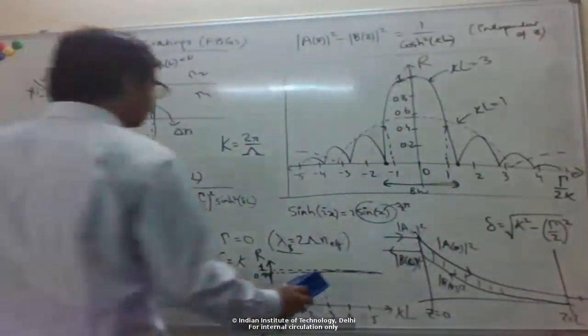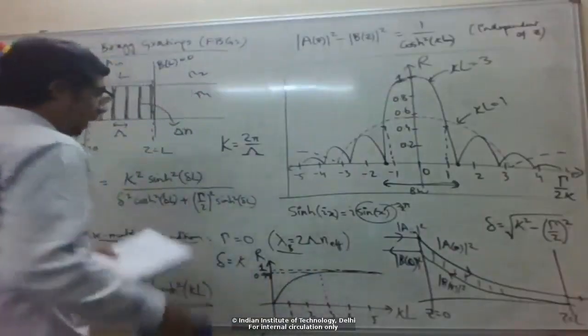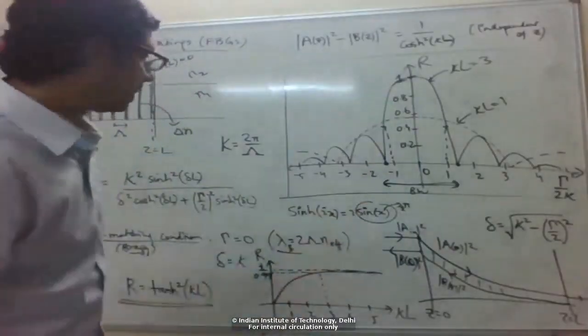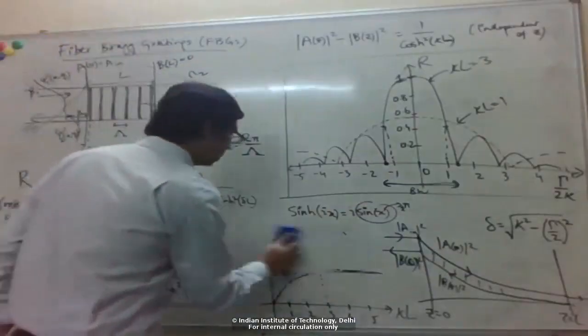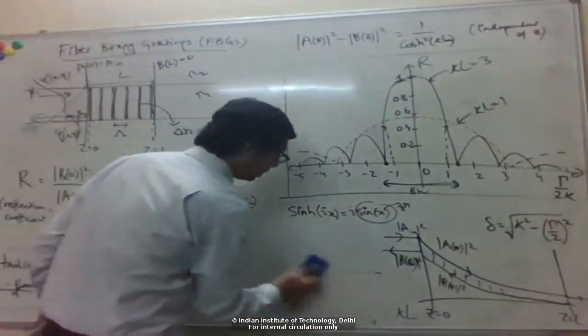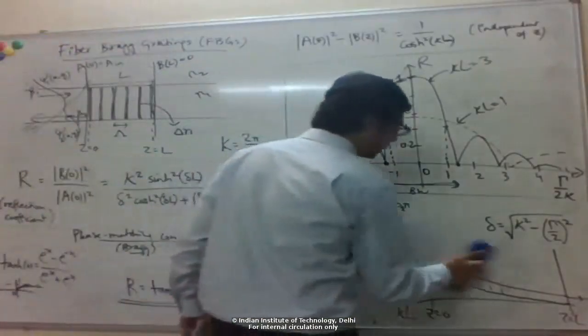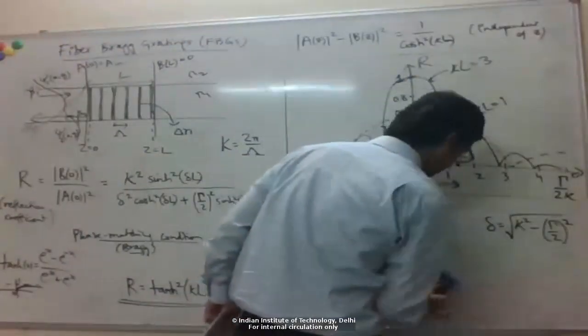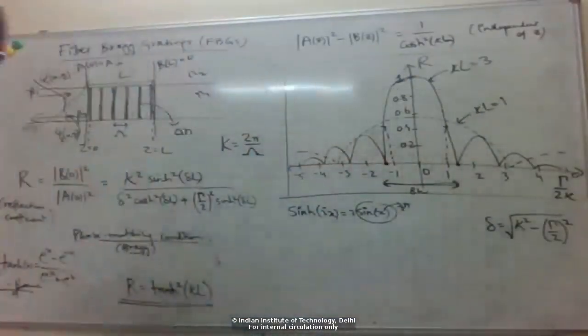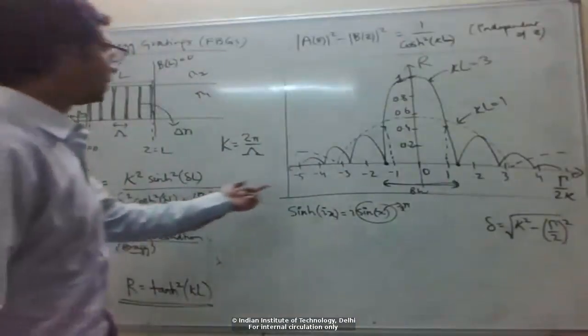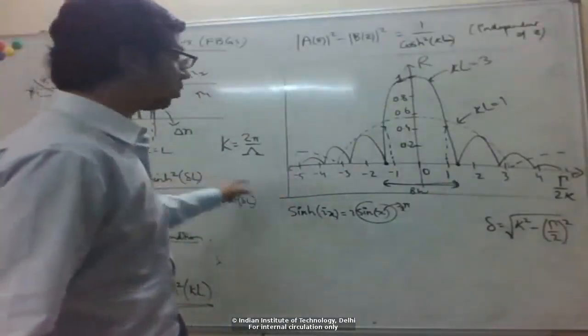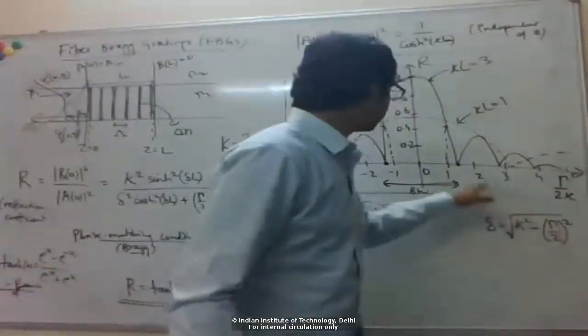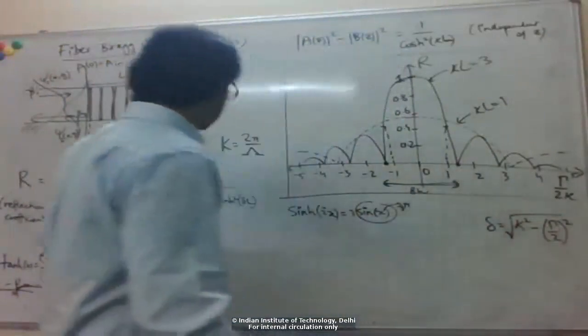And then use the relation that gamma is 2 beta minus this capital K. Right, so basically the procedure is, from here you can find out for which values of gamma the R becomes 0.